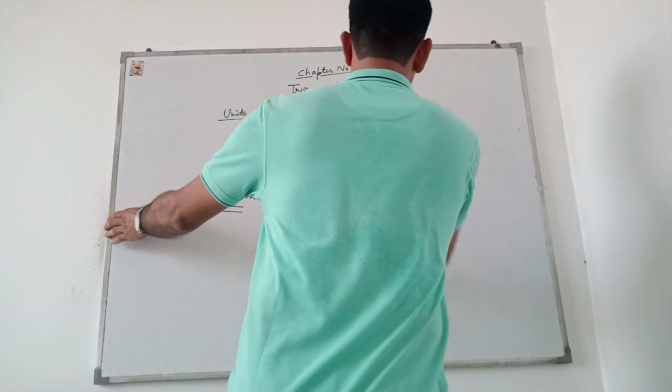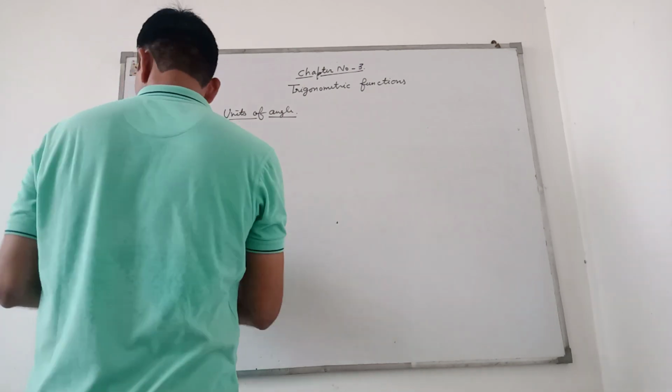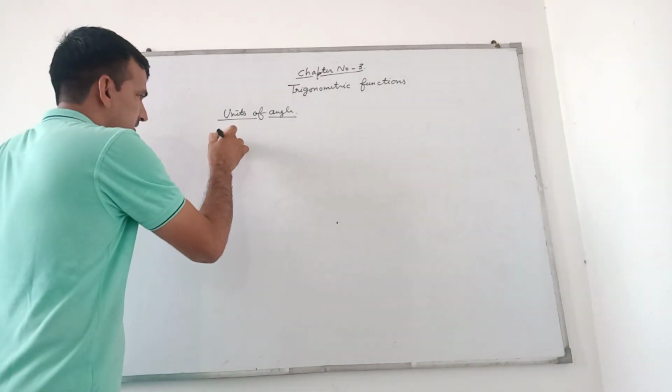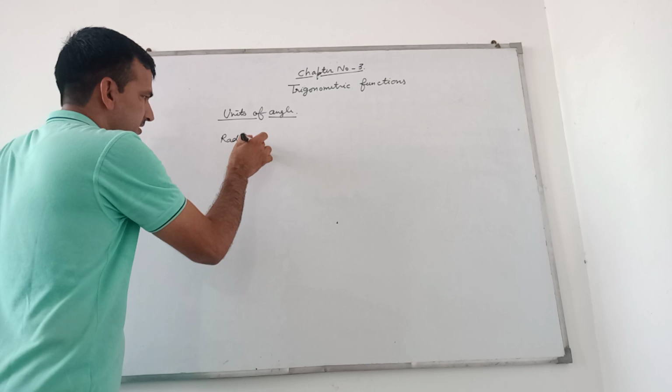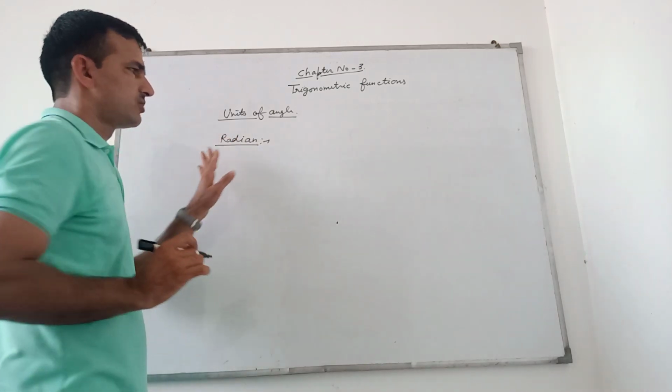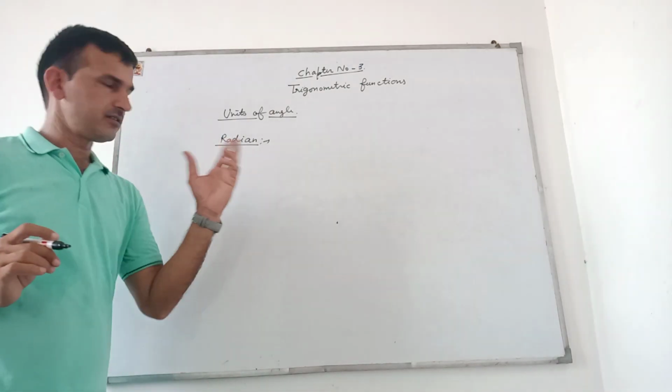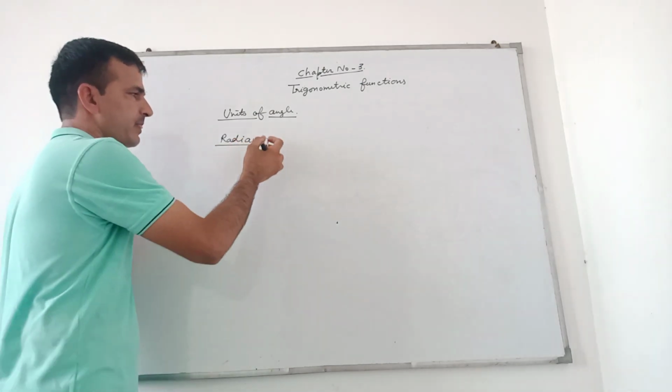Now we discuss another unit, radian. Radian is also a unit of angle. And now we define radian.